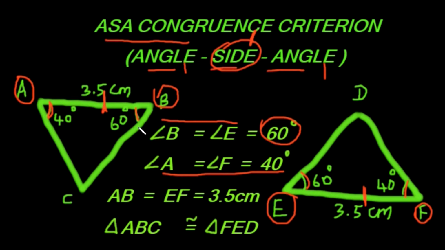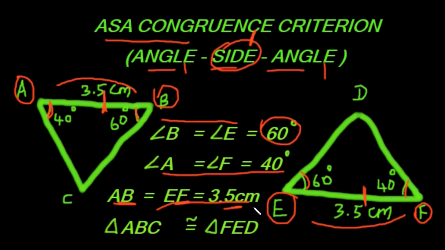Now, what is the side? The side measurement is AB is equal to 3.5 centimeters. Likewise, EF is equal to 3.5 centimeters. Now we can write AB equal to EF, which is equal to 3.5 centimeters.